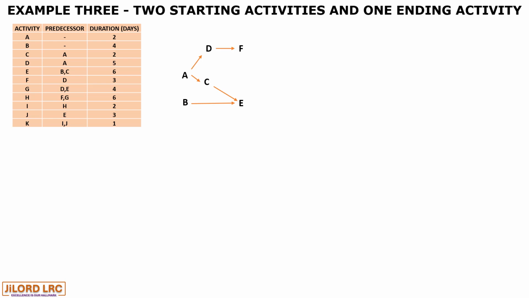Now, the next activity is G, that has activity D and E as its preceding activity, and activity H has activity F and G as its preceding activity.